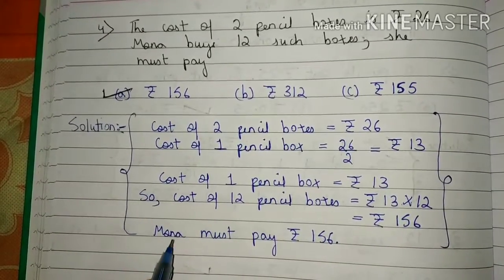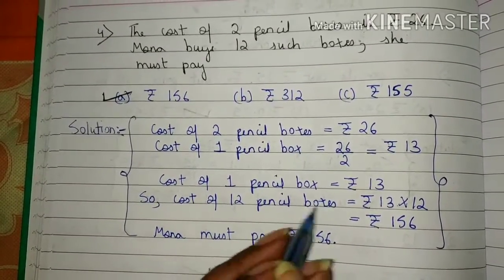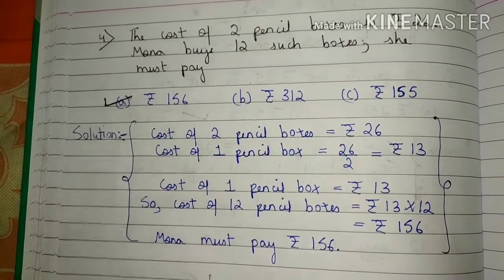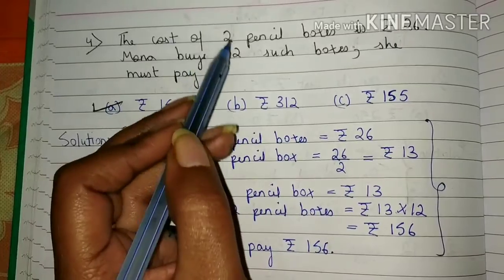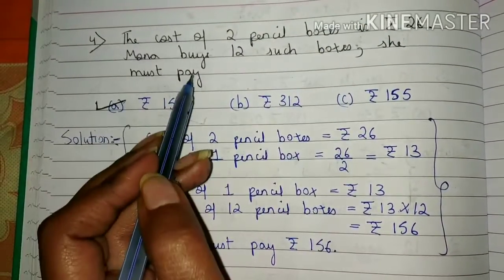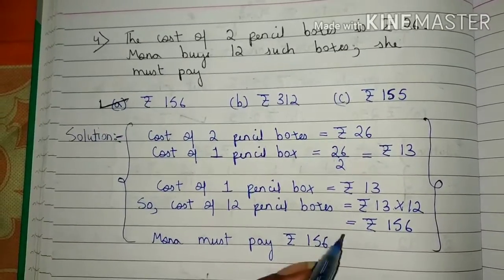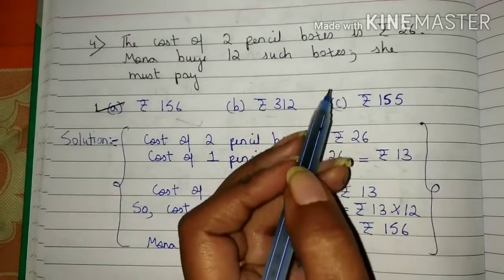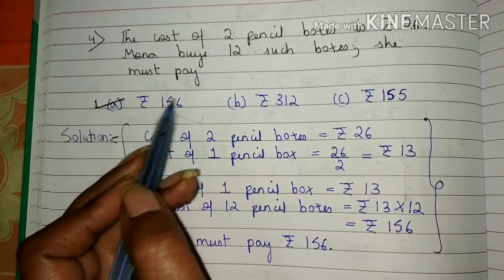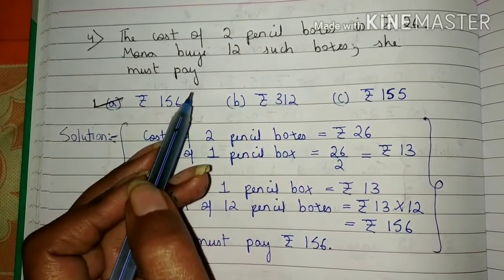So, Mona must pay rupees 156. Students, if Mona buys 12 such boxes, then she must pay rupees 156. So students, option A, rupees 156 is the correct answer.